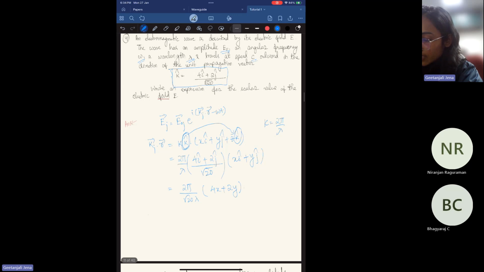So now the expression will be easy. The amplitude is already given, E0. So E0 exponential i times k dot r, which is 2 pi over root 20 lambda (4x plus 2y) minus omega t.